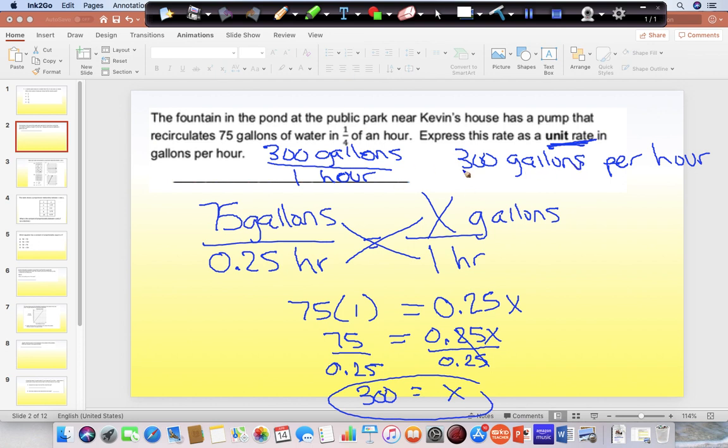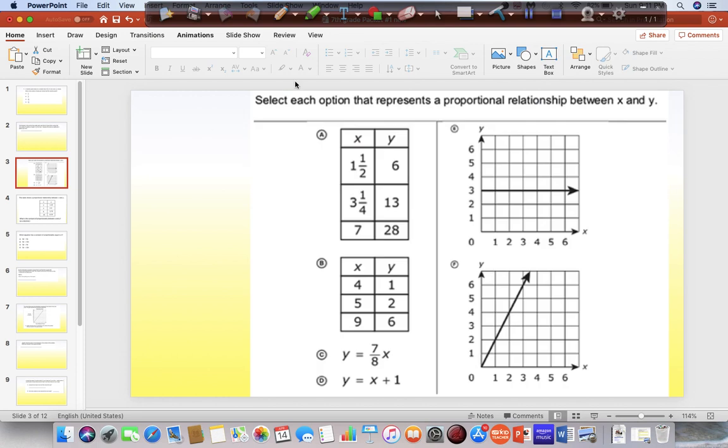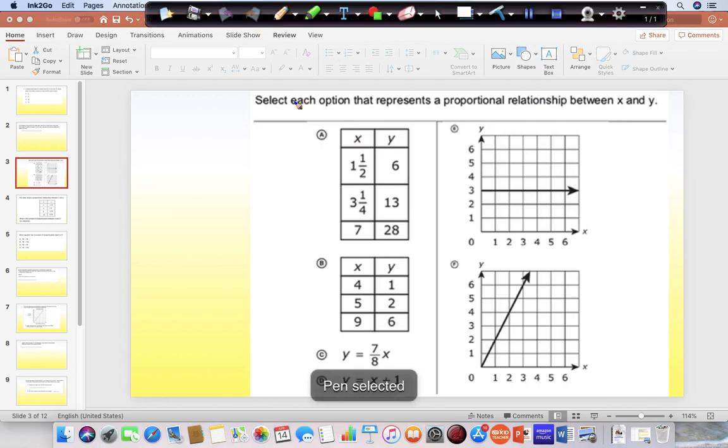Okay, make sure to write all of this down in your notes section or on your paper even. Okay, it says select each option that represents a proportional relationship between x and y.